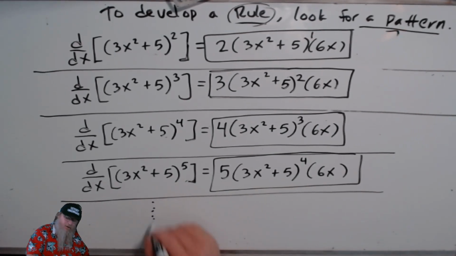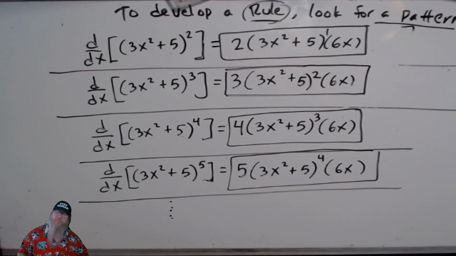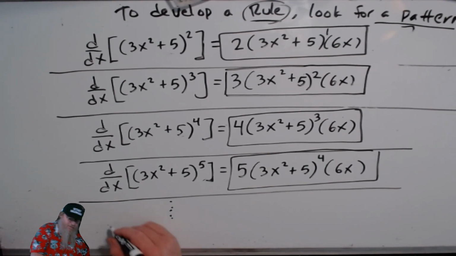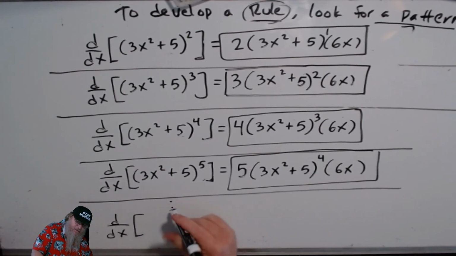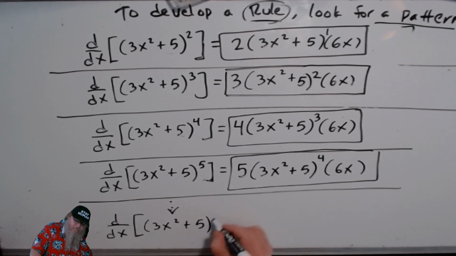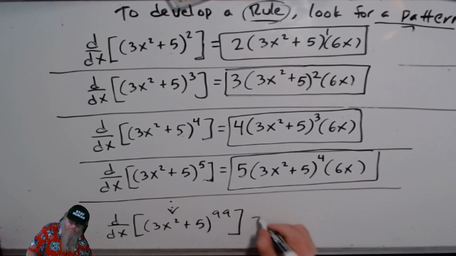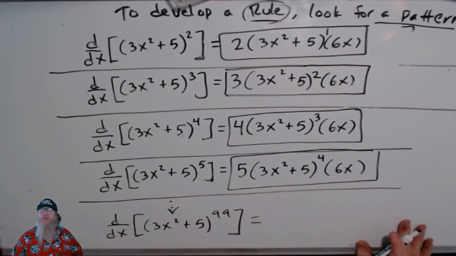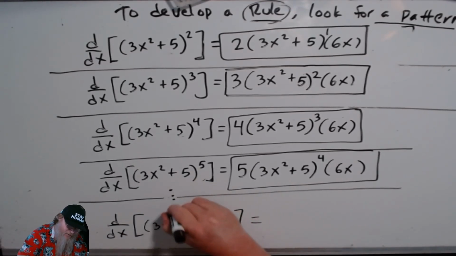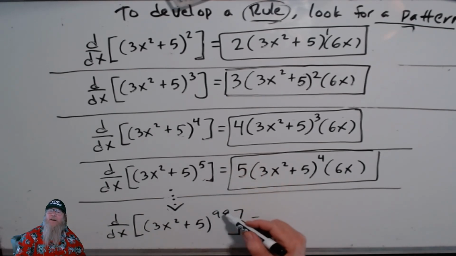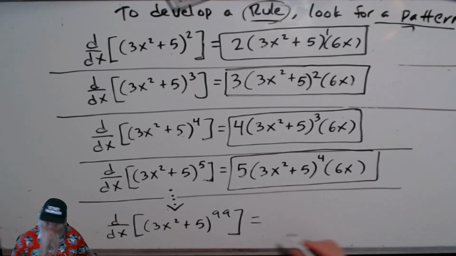So in general, if this was the 99th power, I don't actually have to multiply it 99 times. I can just follow this pattern or the rule.